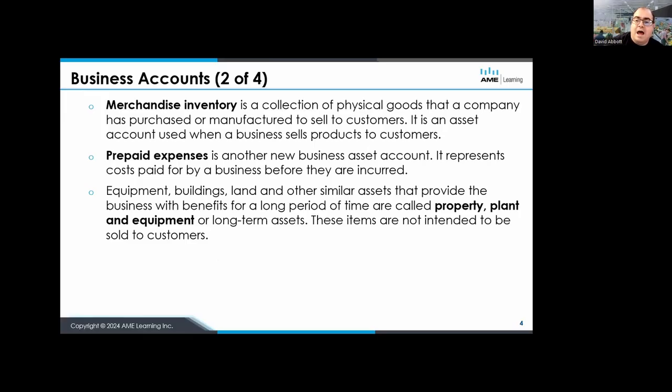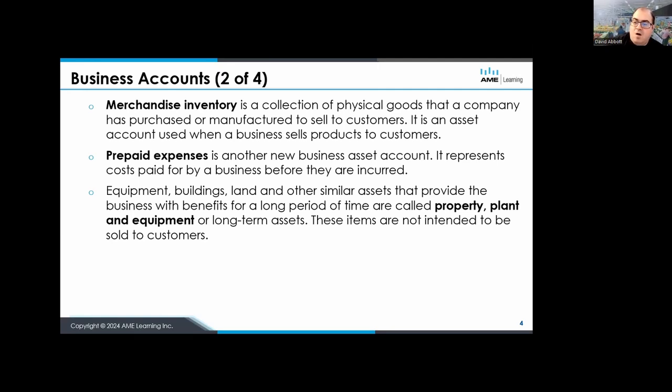So anything that is inventory, for example, behind me we see the produce aisle of a grocery store. All of that is merchandise. They purchase all of that, and obviously they're hoping that they're going to be able to sell all of that to customers. So that would be considered part of their merchandise inventory.